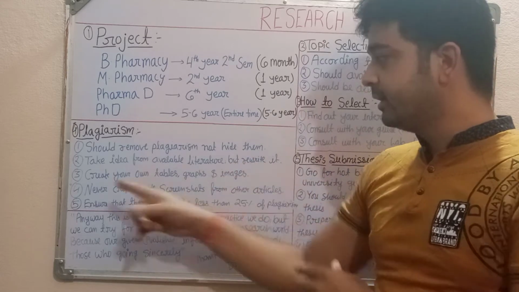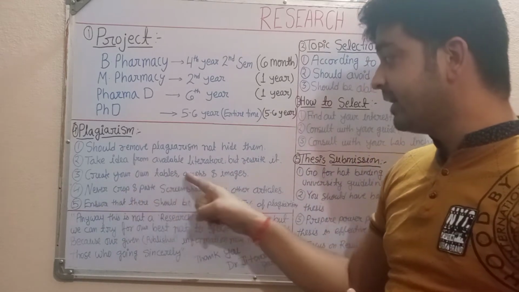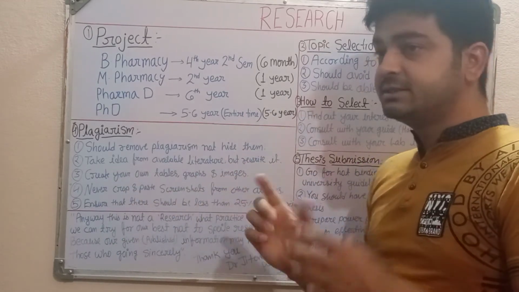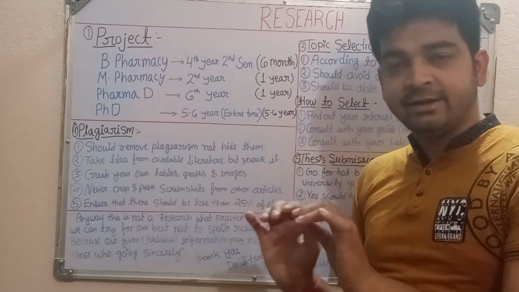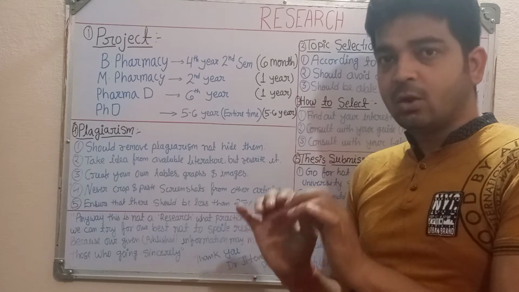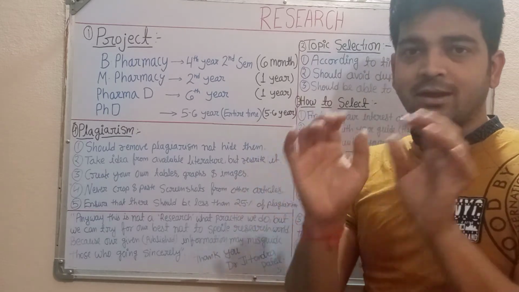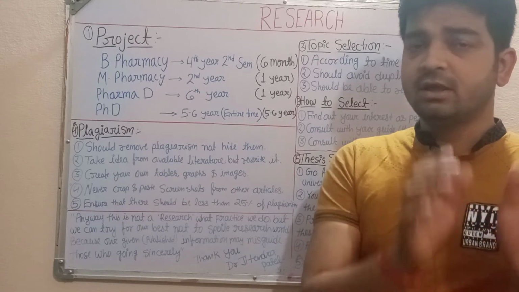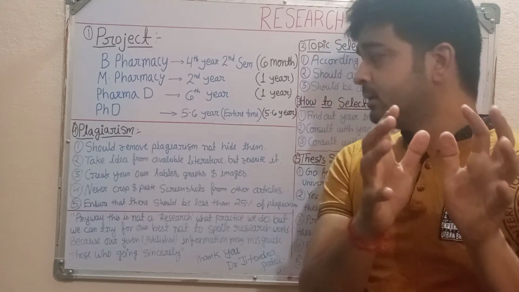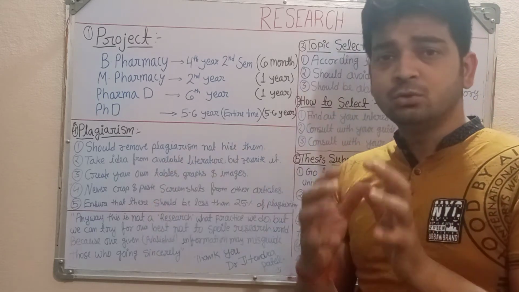That we should try. Create your own tables, graphs, and images. Generally what happens is that when we complete our research and try to write our thesis, whatever article or books we have taken as a reference, from there we try to take those tables and values.